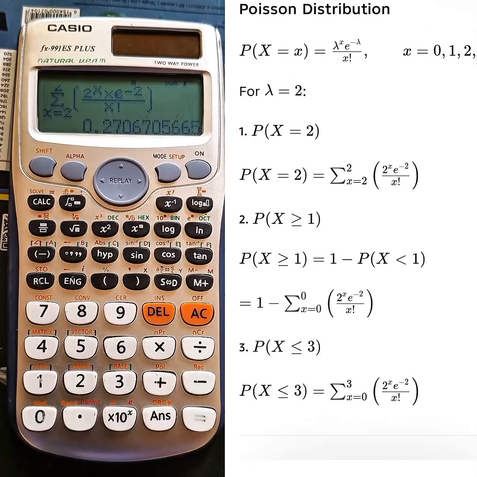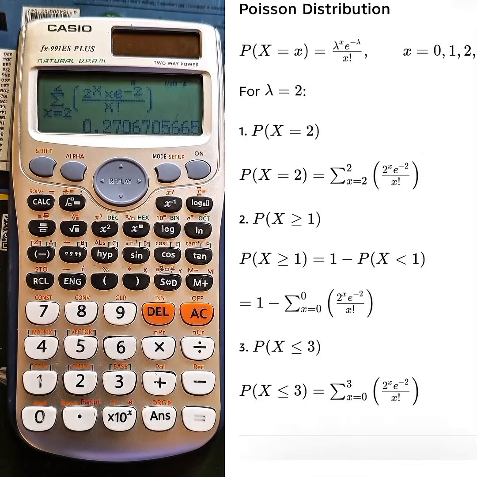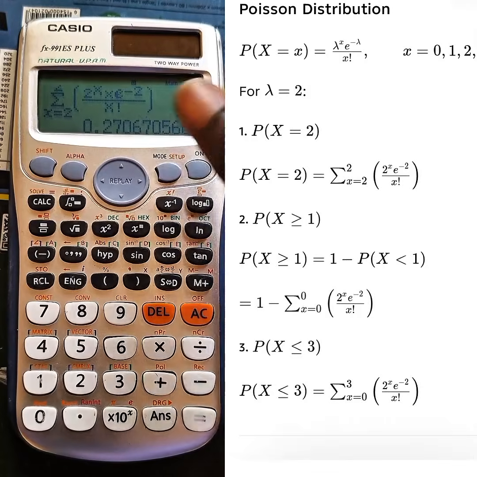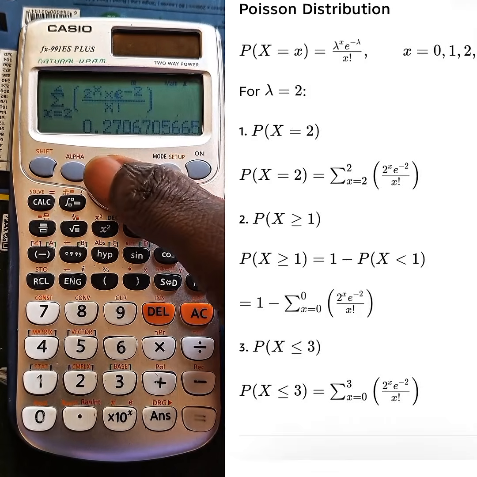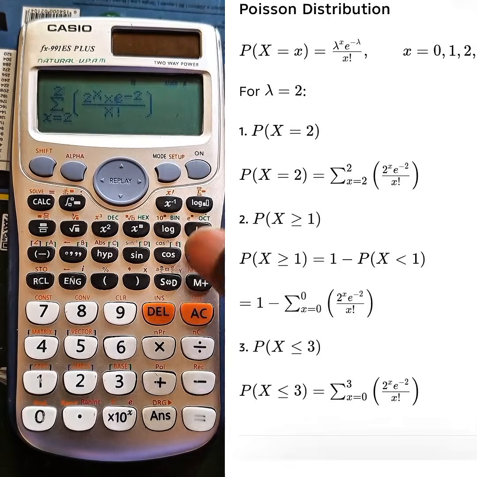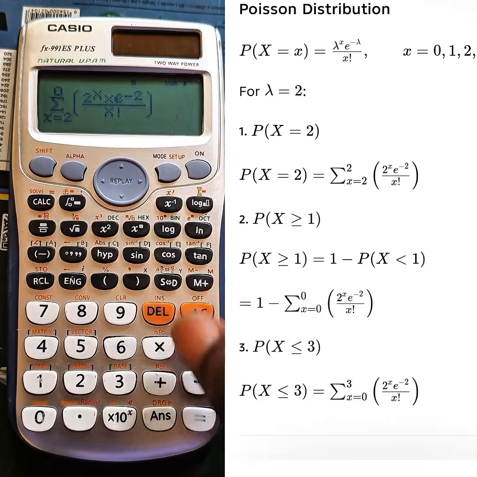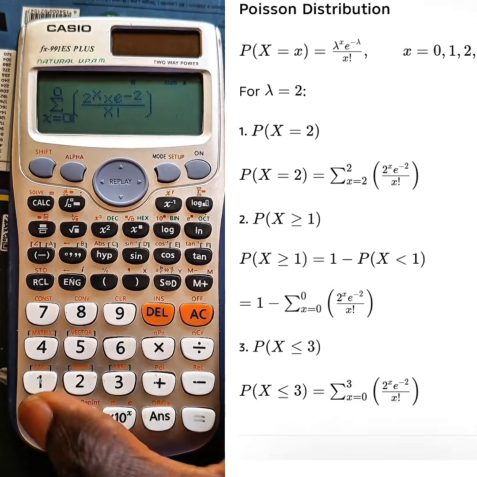So all we have to do is to come back here and get the probability of x less than 1, so that's 0. We put 0 there, then come back again and put 0 here.